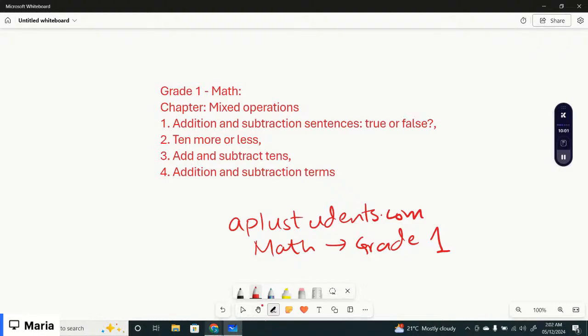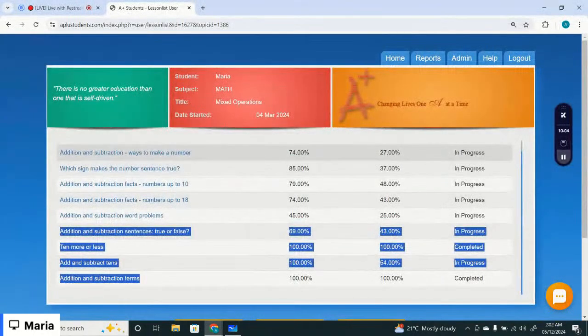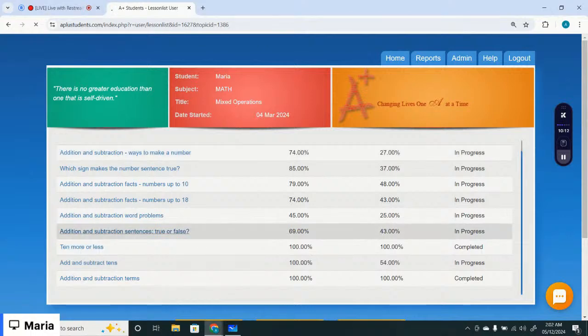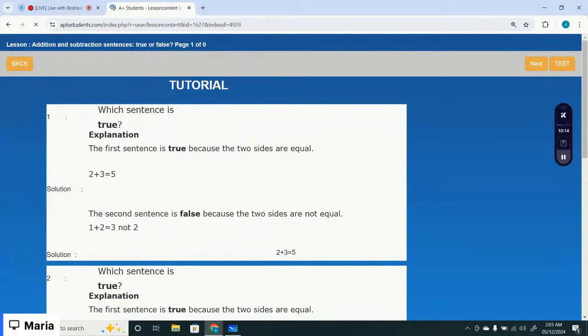So here I'm on grade 1 math. The chapter we're on right now is mixed operations. Let's start with the lesson, addition and subtraction sentences true or false.